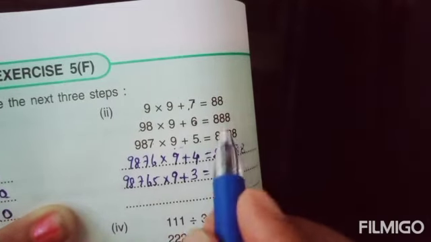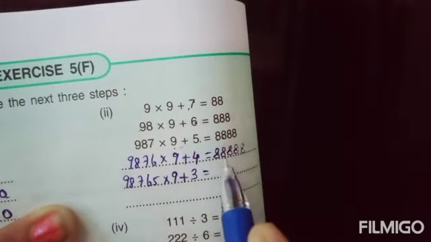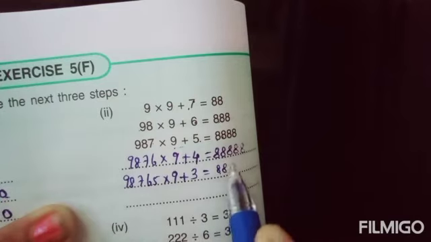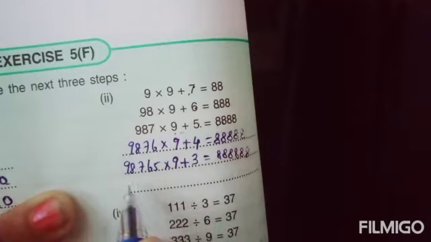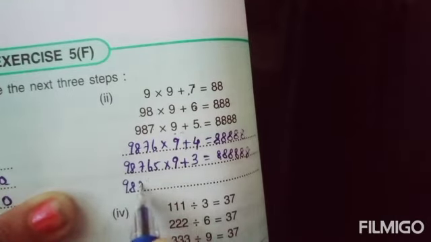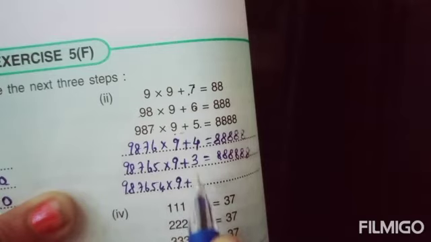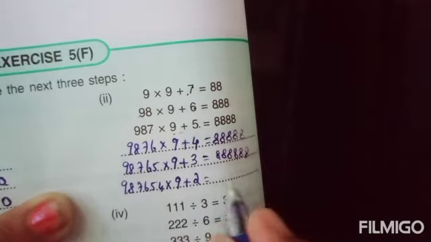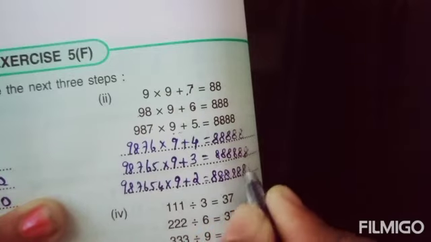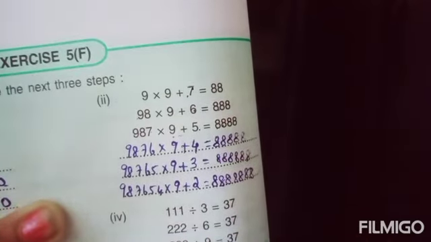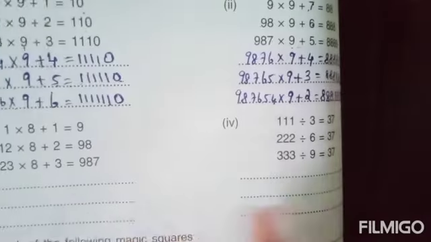The number of 8s increases: here 2, here 3, here 4, here 5, here 6 8s, 888,888. Then next, 98765 into 9 plus 2 equal to seven 8s, 8888888. Okay, do the next 2 as homework.